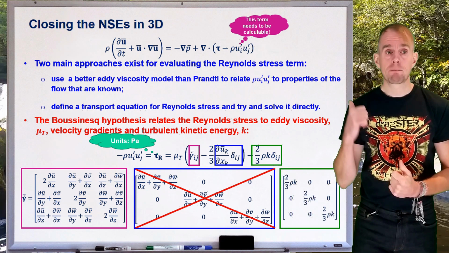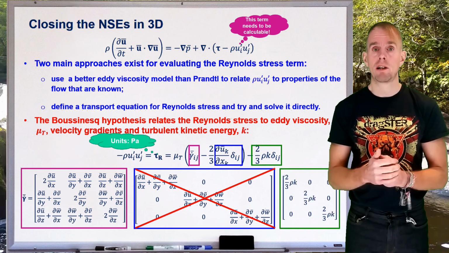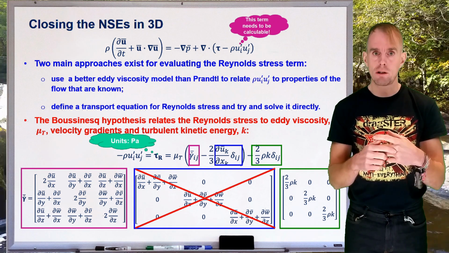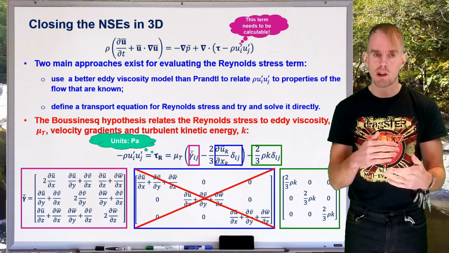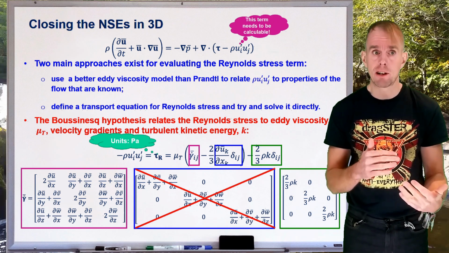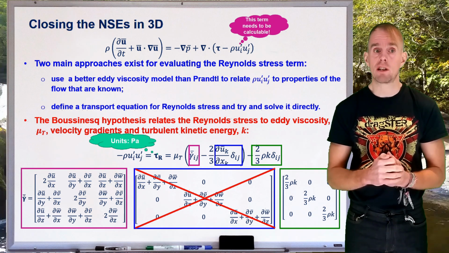This third term is 2/3 rho k times delta ij. Delta ij, we know, is our delta function, which is 1 when i equals j. k here is not part of our summation convention notation. It's simply my turbulent kinetic energy, k.